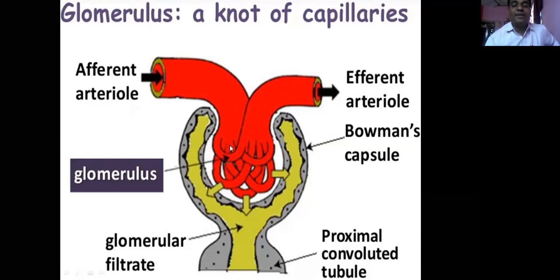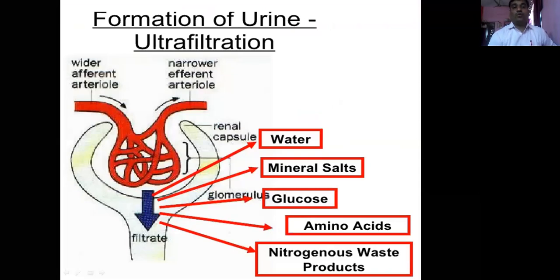This is the site of filtration, and via this the filtered materials are collected in the PCT, the proximal convoluted tubule. Now, in ultrafiltration, it is very clear what is filtered via this glomerulus.